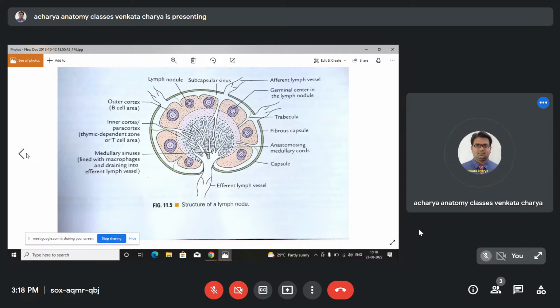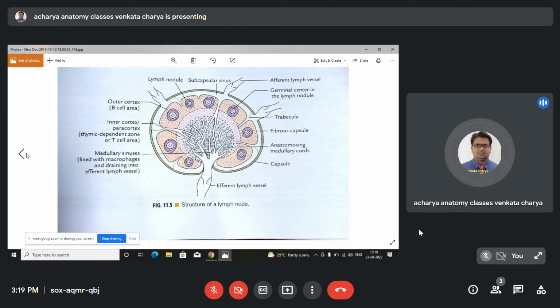In the medulla there is a presence of medullary sinuses, the spaces. Medullary sinuses. And here there is the presence of medullary cords. These medullary cords are filled with lymphocytes. These are the medullary cords. So this one is a histology diagram of the lymph node.